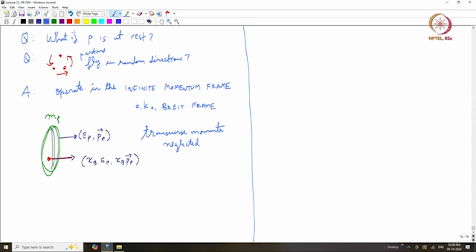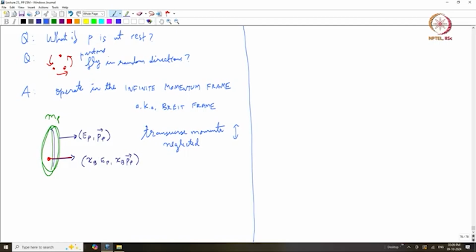Now that means all the motion is confined to only one direction, the longitudinal direction. By transverse momenta I mean momenta in these directions. A proton at rest in this frame will be moving with some energy and momentum in the longitudinal direction seen from this frame, correct.